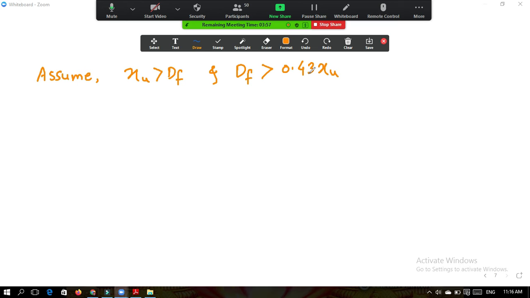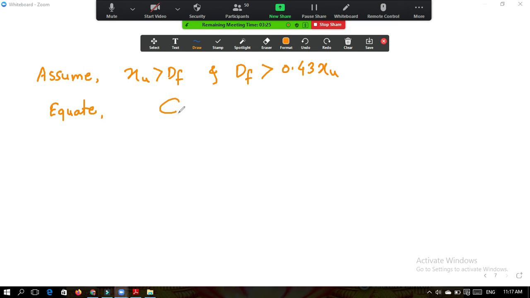After YF to DF, the stresses are not uniform. So we consider only the portion of the flange up to where the stresses are uniform. So now here XU is greater than DF and DF is greater than 0.43 XU, that is what we have assumed. So again equate total compressive forces and total tensile forces.